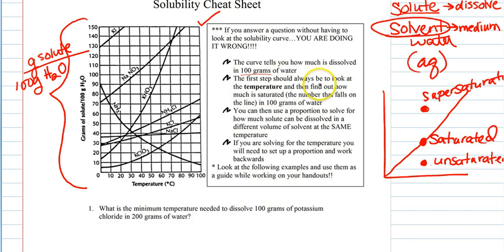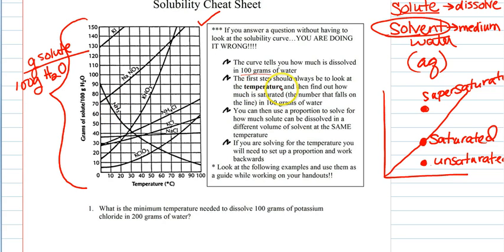The first step should always be to look at the temperature. So if there is a temperature provided, you want to look at the temperature first and then follow where the salt is, what curve you're looking at. Remember, when I say salt, I'm referring to these ionic compounds, okay? Or in this case, covalent here.